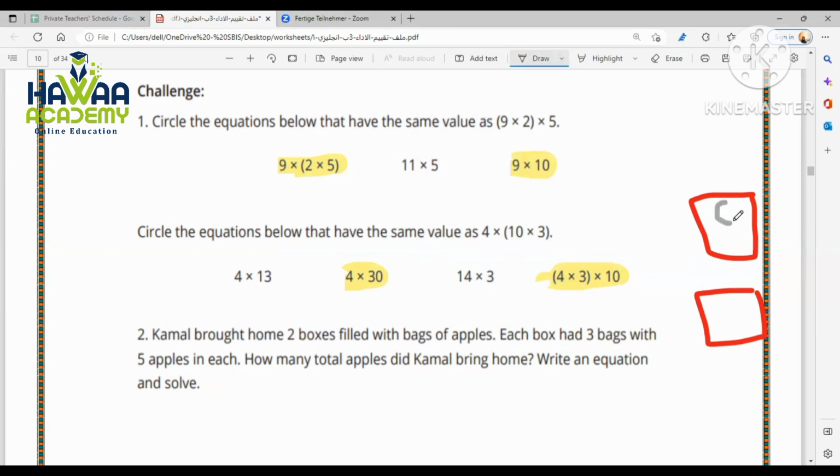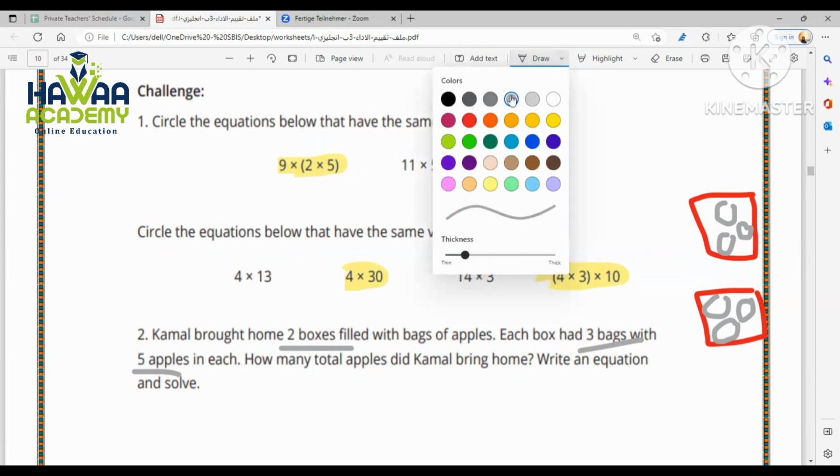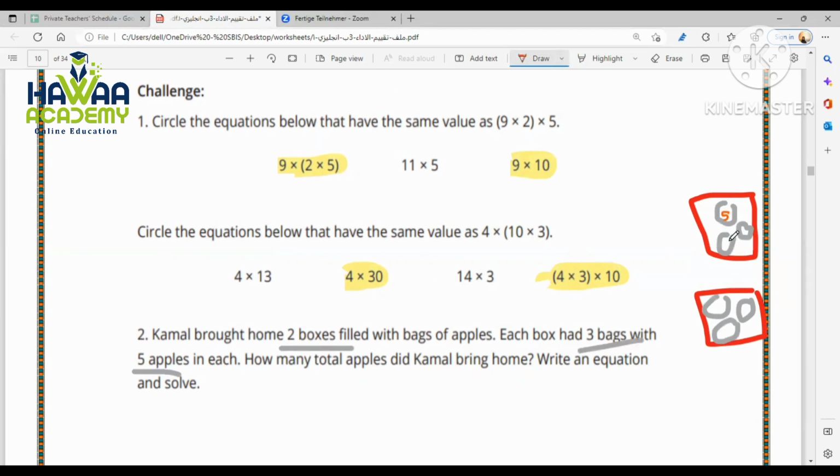So here's 1, 2, and 3. And here's 1, 2, and 3. And here each one has 5 apples. Oh, it's a bit long, but it's easy. Don't worry. So here it's 5 and 5 and 5 and 5. Yeah, a lot of 5s here.